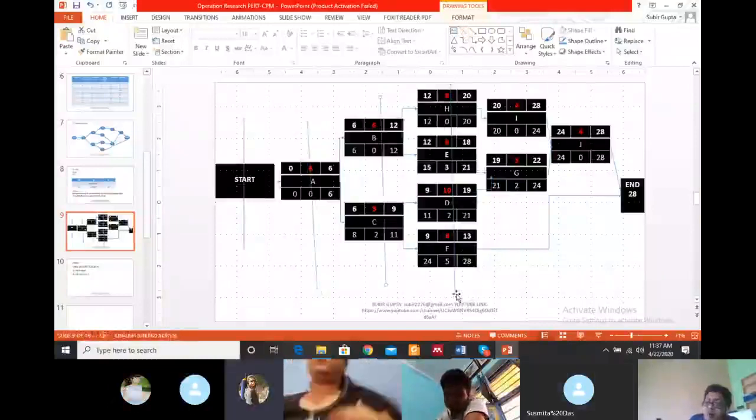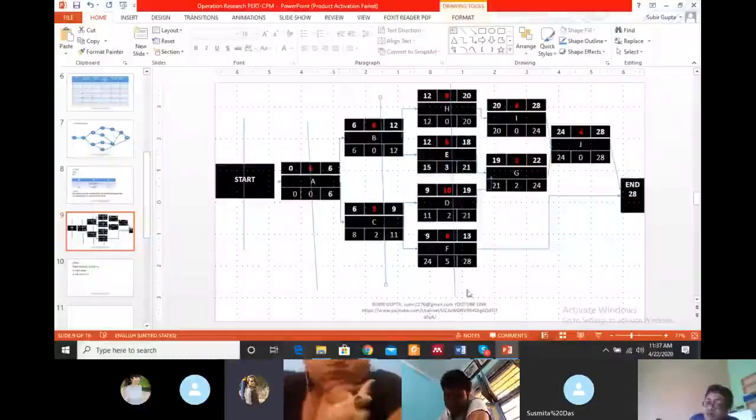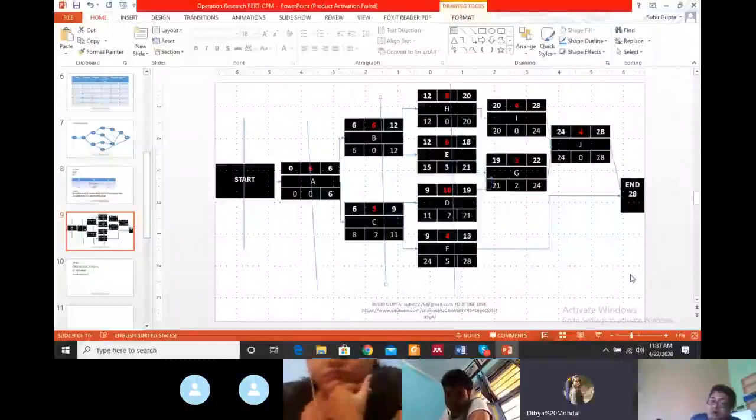Up to level 4, complete the first row, that is earliest start and earliest finish. After you complete it, tell me, then we start level 5. Level 5 is a little bit critical, so up to level 4, you have to finish.